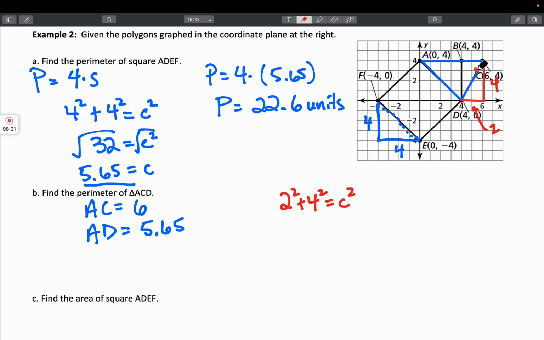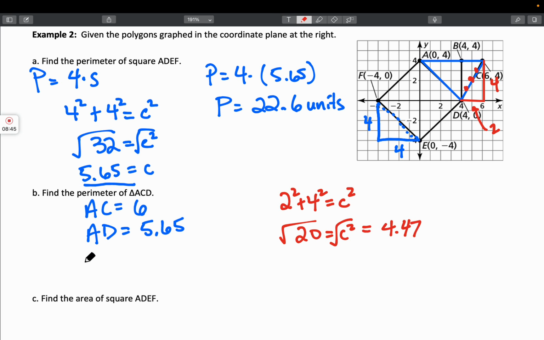And the c that I'm talking about here is this slanted line that I'm trying to find the length of. So that's 4 plus 16, that's going to be 20, is equal to c squared. Taking the square root of 20 is going to give us 4.47.